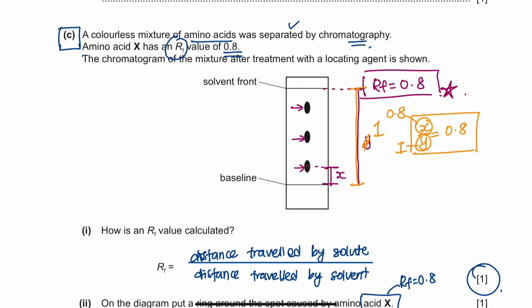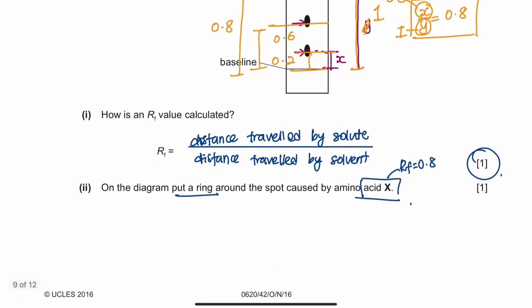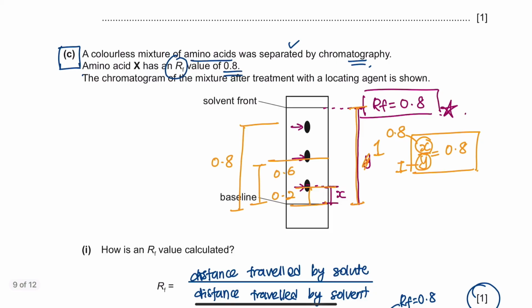And if you look at this picture, this could possibly be somewhere about 0.2. This could be a distance of 0.6. And now this furthest component could possibly travel a distance of 0.8. So it's only possible for us to put a ring on this spot to show that this could possibly be the amino acid.